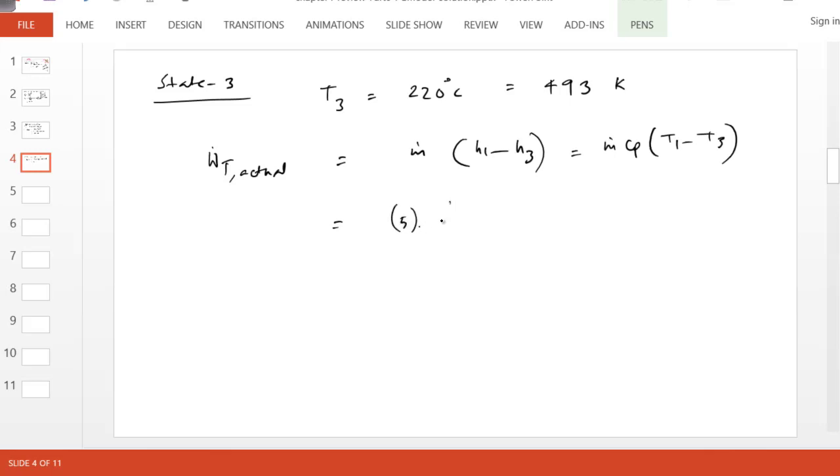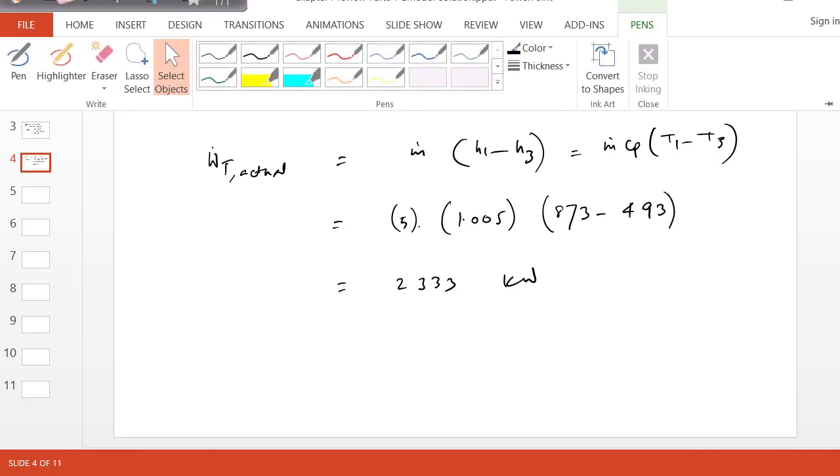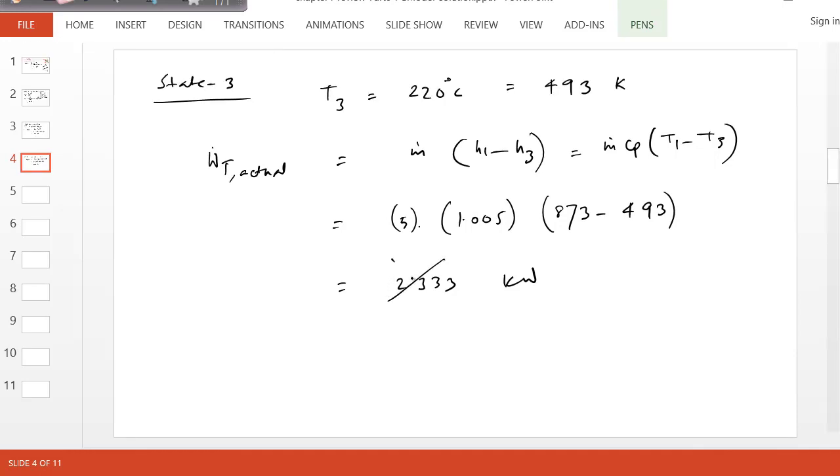Substituting 5 kg, let's take a value of cp to be this, 873 and 493, and the answer turns out to be 1906 kilowatts.